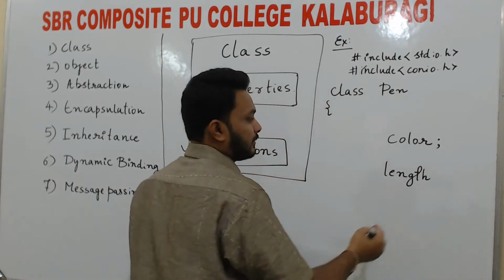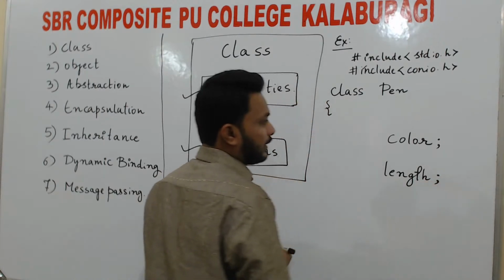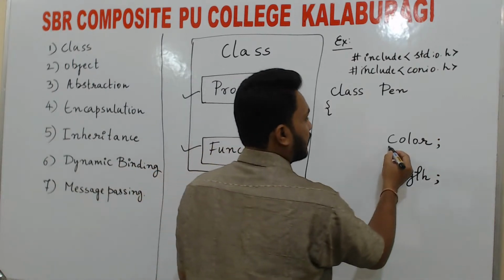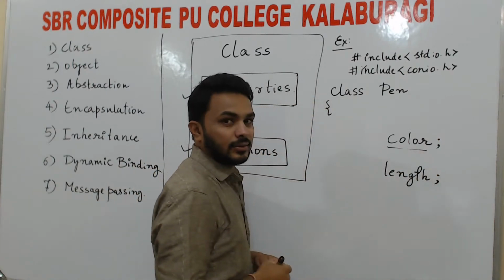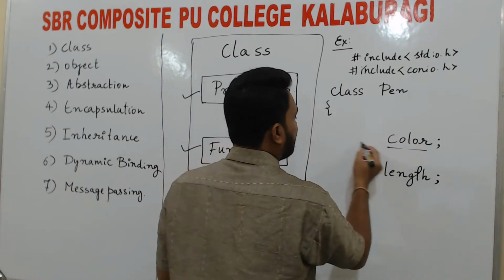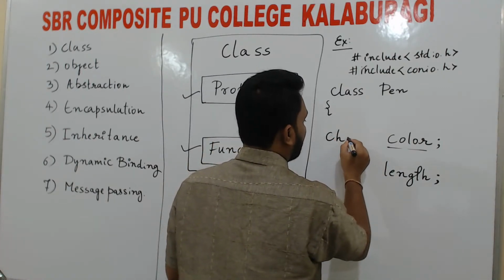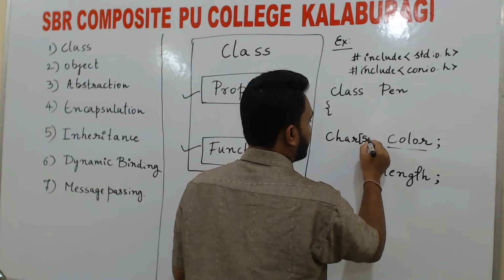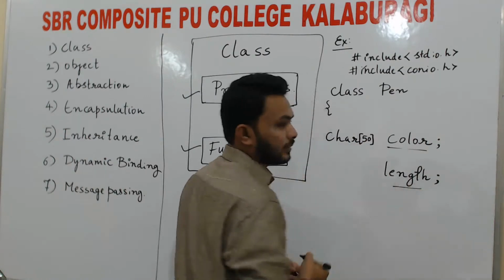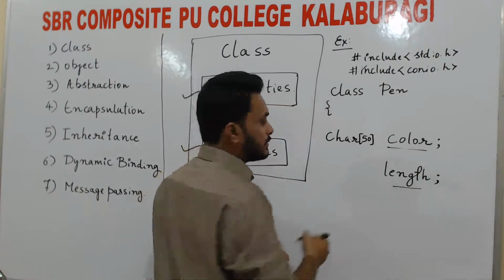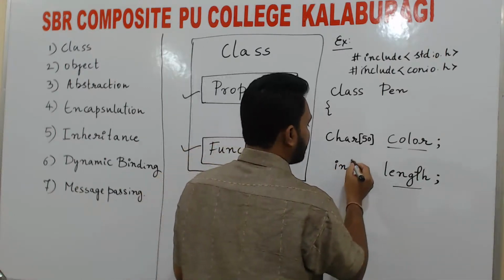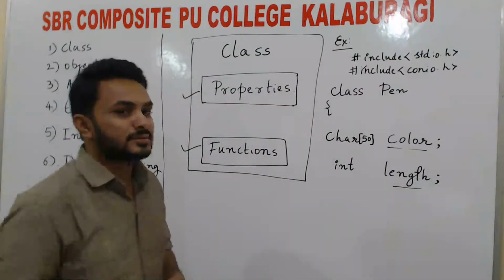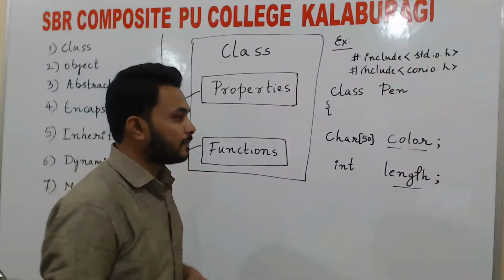When you are dealing with a property, you have to deal with data types. Color is characters or a string of characters, so you should take the char data type with a size. Length should be an integer or digits, so you will take int as the data type. This is the property you have mentioned inside the pen class. Here, then function.